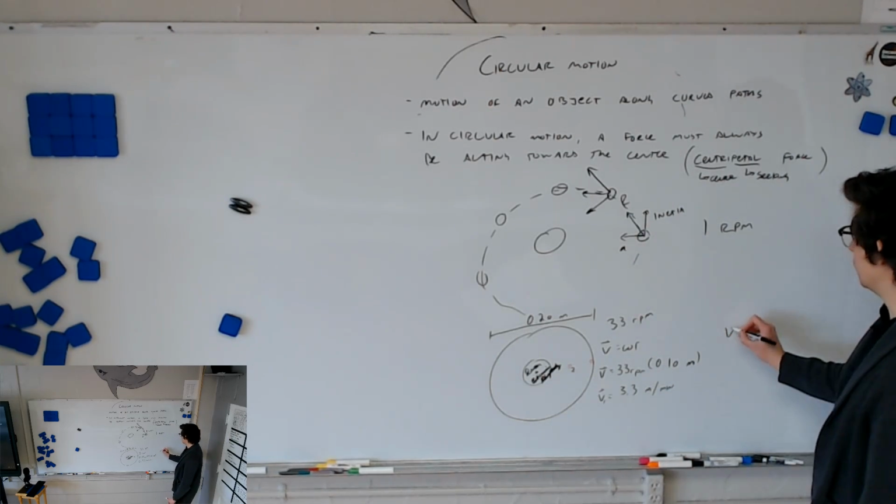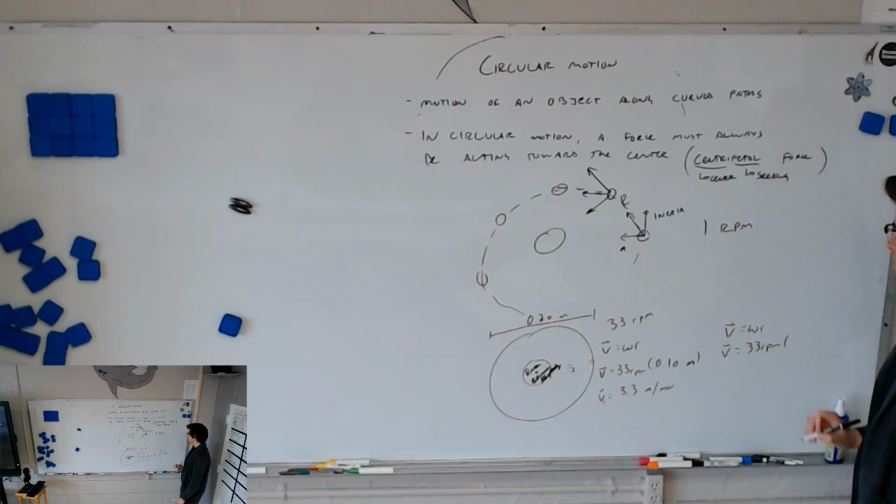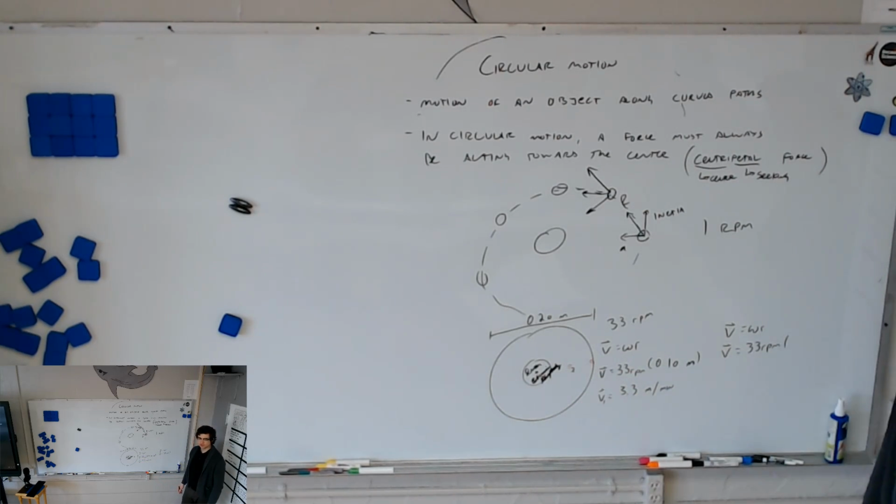V2 will be, once again, V equals omega r. V equals still 33 RPM, but now we're going to say he's half the distance from the center to the edge. So it's 0.05. Yep, 0.05 meters.